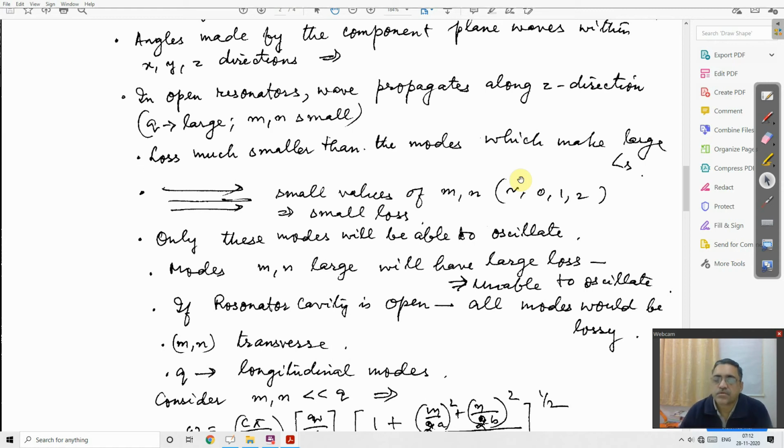We see here only the paraxial rays, and small values of m and n, which imply small loss.